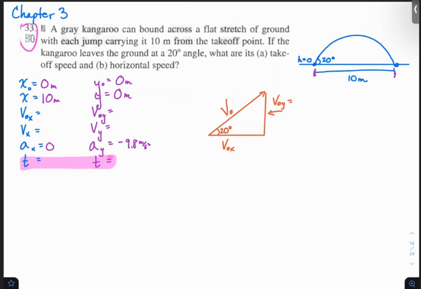So I know that this is the v naught y side over here. This is opposite to my angle, so I'm going to use sine. So sine of 20 degrees is equal to opposite over hypotenuse, which is v naught y over my hypotenuse, which is v naught. And then I can solve for v naught y.